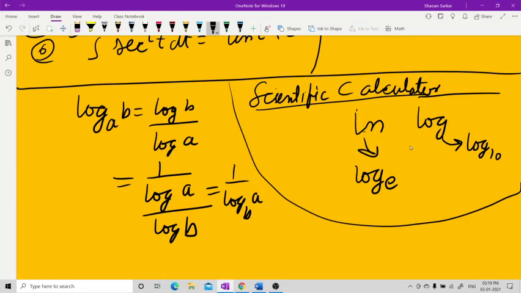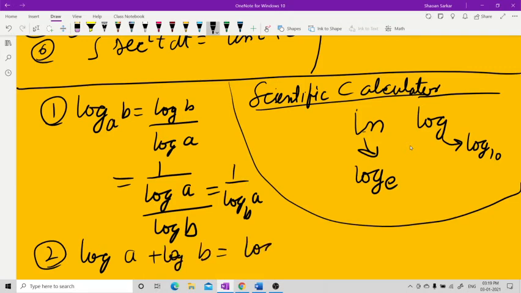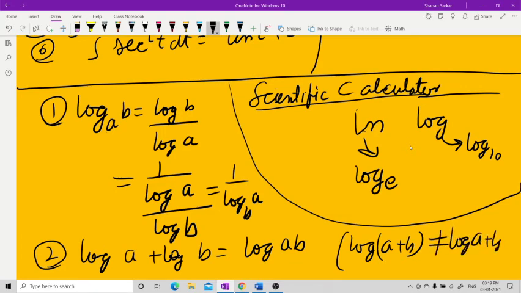If these two are interchanged, then this becomes 1 upon the interchanged one. Number 1 point. Now, second, log A plus log B is log AB. Never write log(A + B) like this; it is never equal to this. Remember this. Never make this mistake.